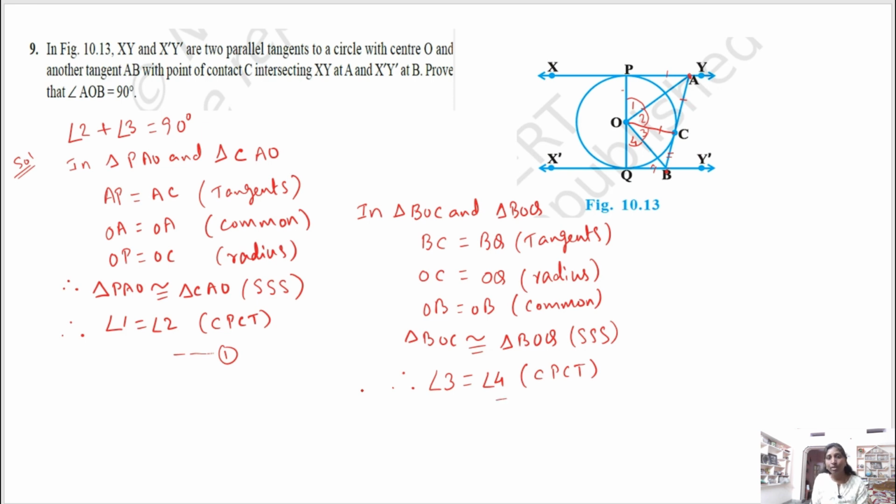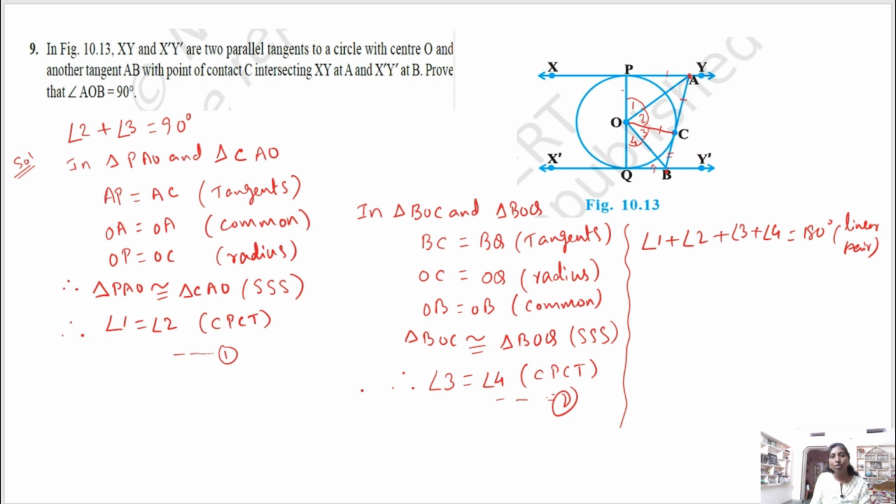Now let us name it equation number 2. Now we can see from the figure that angle 1 plus angle 2 plus angle 3 plus angle 4 is equal to 180 degree. We can write it as linear pair.